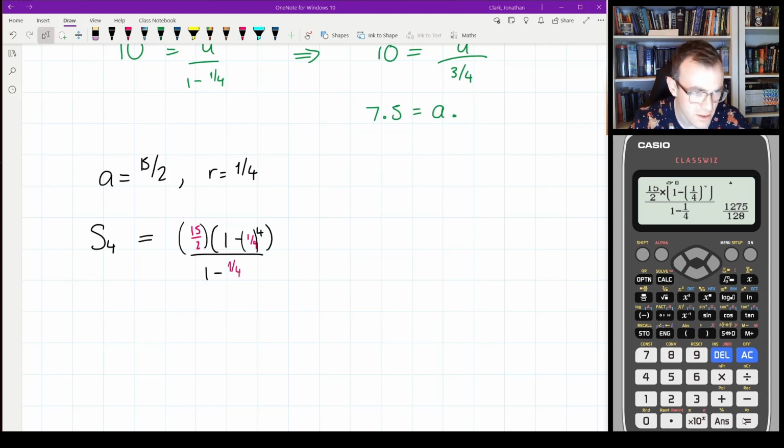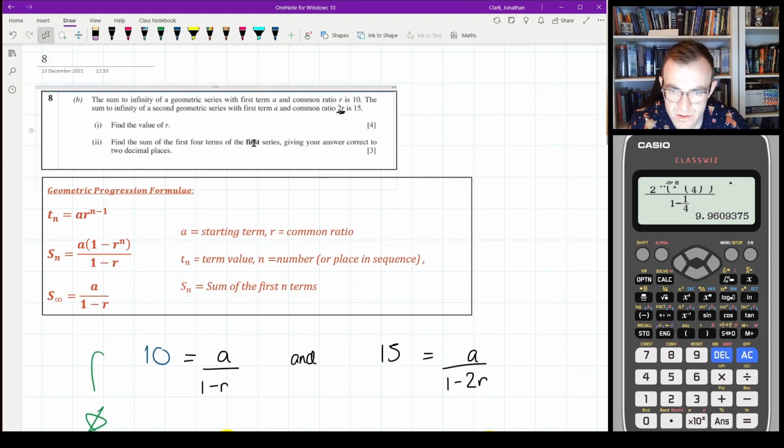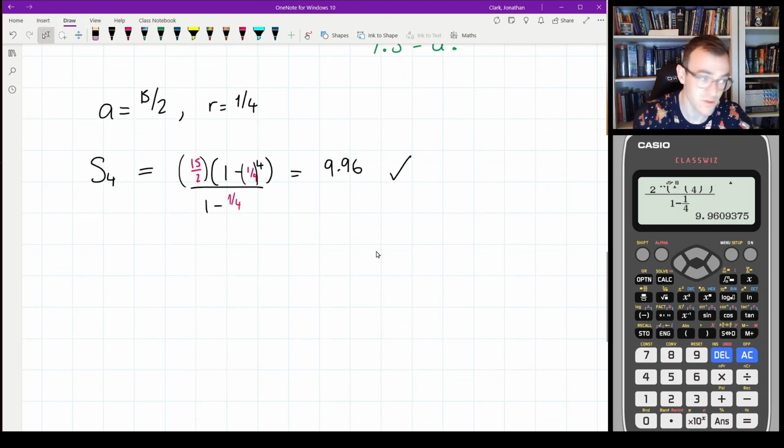Okay, let's see. And that is 9.96. What did I need to do in terms of... Okay, it was 2 decimal places. Okay, cool. So that'll do then. That's lovely.